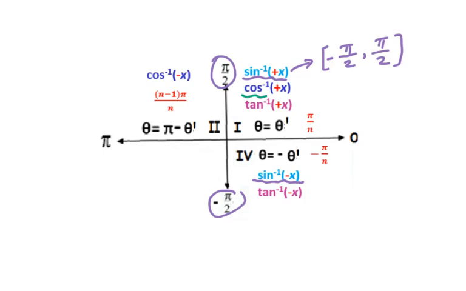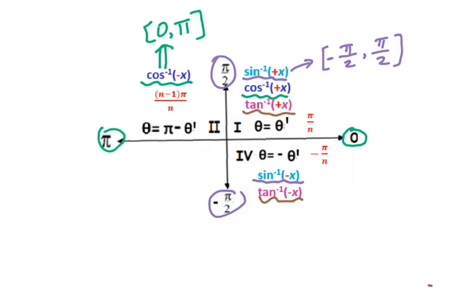For inverse cosine, they go to first and then the second quadrant. That means from 0 to pi. For inverse tangent, still from negative pi over 2 to pi over 2, but this is open parenthesis, because tangent of pi over 2 or tangent of negative pi over 2, that's undefined.